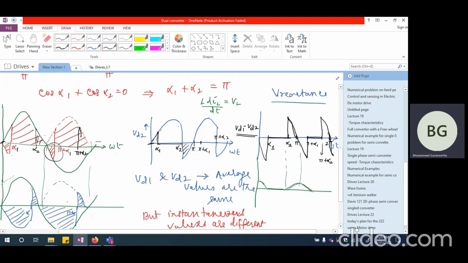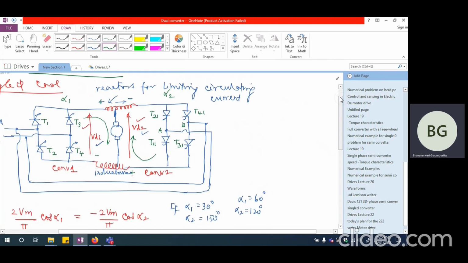This is the current in the inductance. This inductance makes the current as continuous as possible.